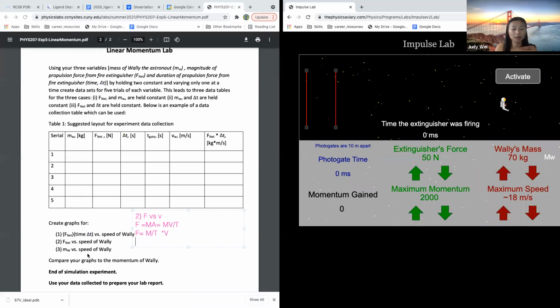So we're going to plot the third one, which is M versus V. So we know F equals MA, and A has to do with the speed.